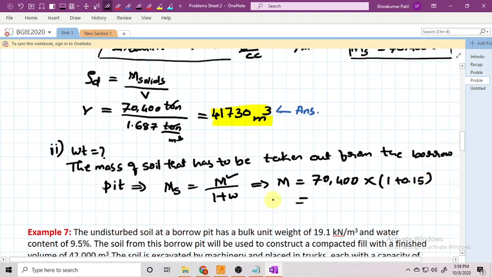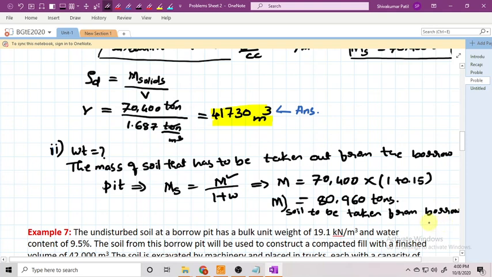So total mass is equal to, so calculate how much, 70,400 into 1 plus 0.15. So you will get around 80,960 tons. Okay, this is the mass of soil to be taken from borrow pit.